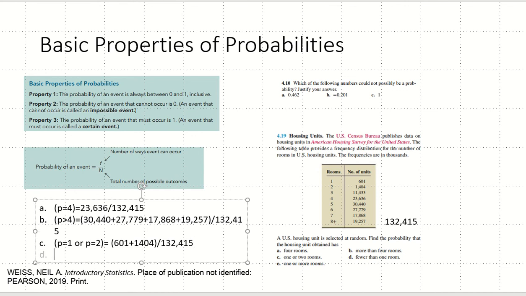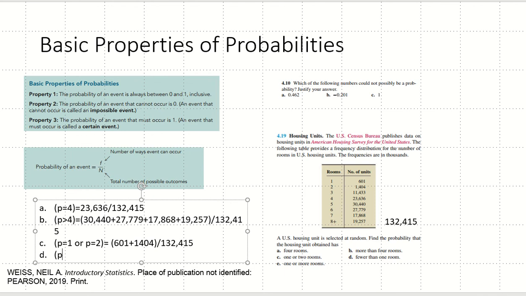Let's go to letter D. It has fewer than 1 room. So we look at our chart. We're looking for a housing unit that has 0 rooms, which is funny. I wouldn't want to live there.